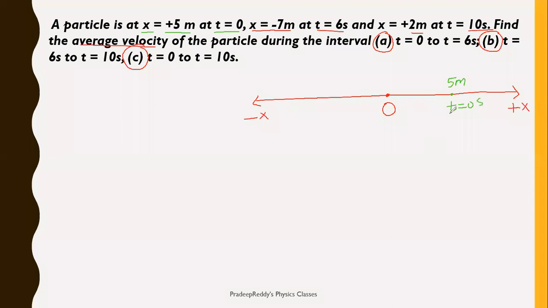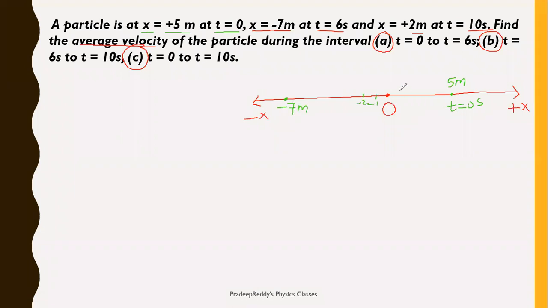At t is equal to 0, the body is at 5 meter, and the body is at minus 7 meter when t is equal to 6 seconds. Now, where will be minus 7? Obviously, minus 7 should be here, because this is 0, minus 1, minus 2, minus 3, minus 4. Let me take this as minus 7 meter.